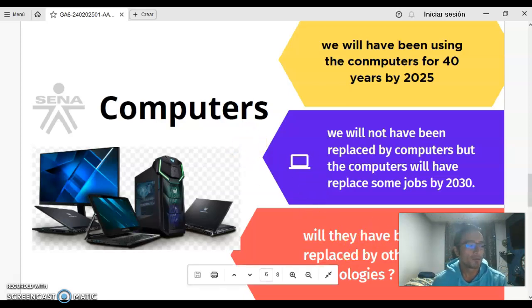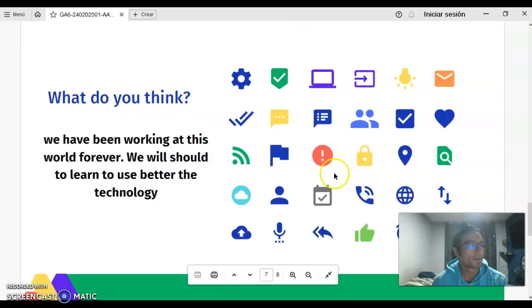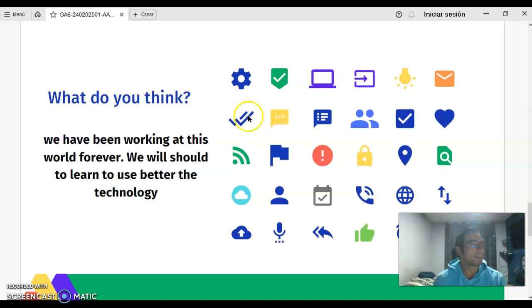And will they have been replaced by other technologies? What do you think? We have been working at this work forever. We will learn to use the technology better.